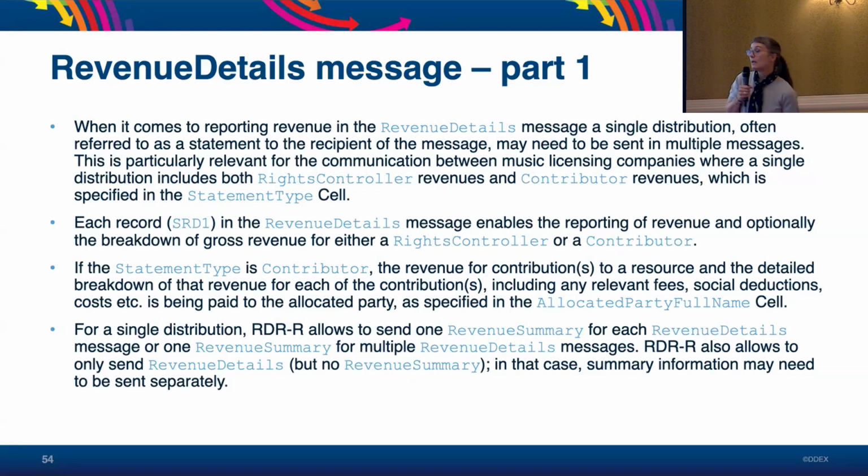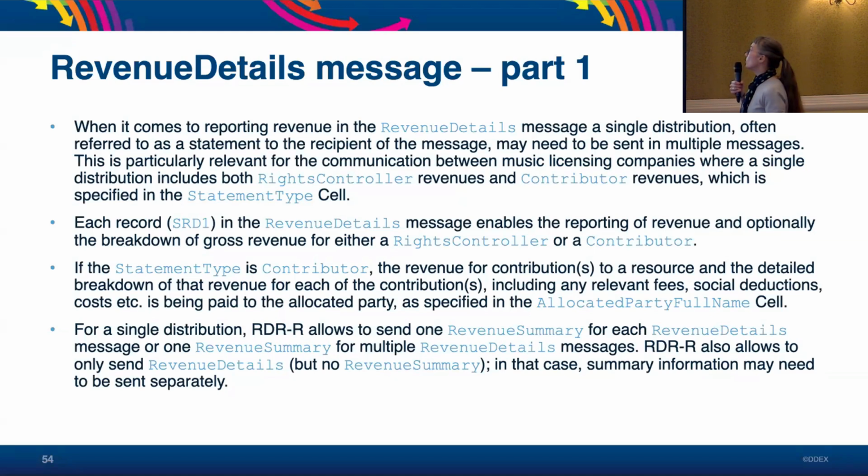so that it can be ingested, analyzed, and more efficiently, more accurately, etc. So just to spell it out, having split it into a summary and a details message and having flattened it, it means that now for one distribution cycle for a music licensing company, which that kind of timing phase may differ from music licensing company to music licensing company, previously you could just send that one message.